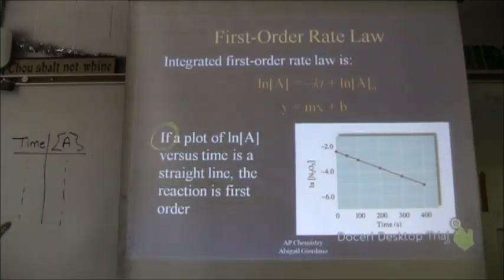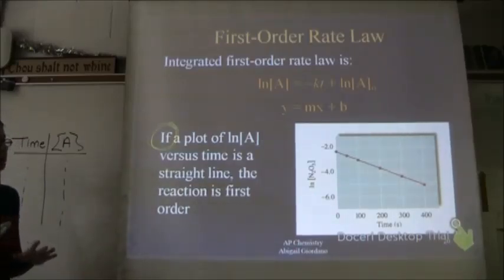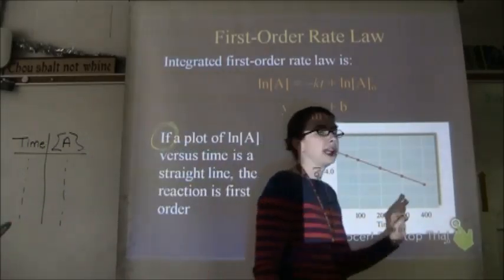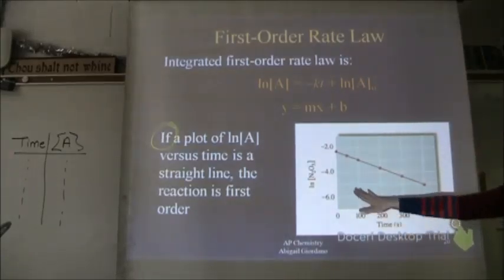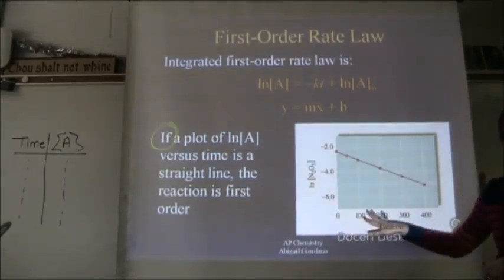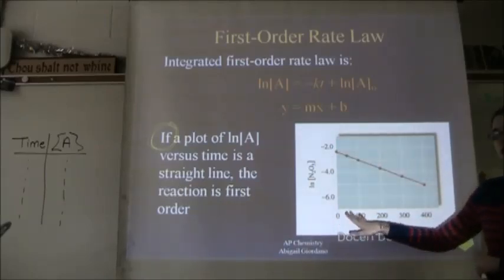We will talk about what it means if it isn't straight, and what you do in that case. We'll get there. But I want to highlight something for you here. Please don't memorize what is on this graph. You don't have to.